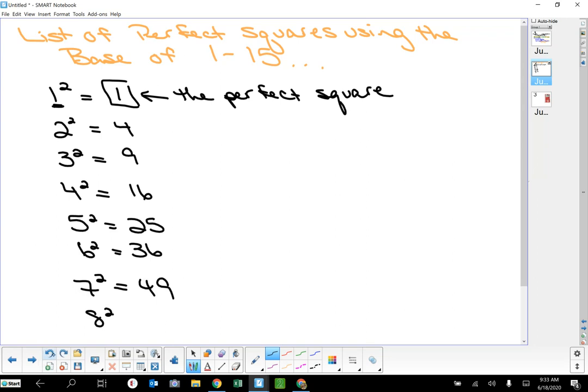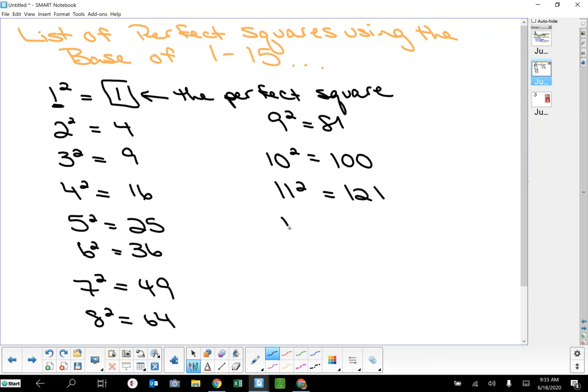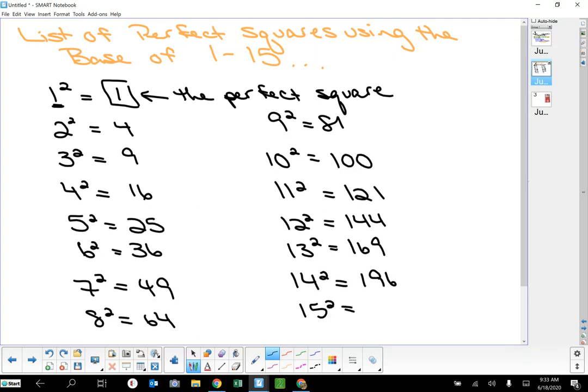I was thinking ahead. 8 squared is 64. 9 squared is 81. 10 squared is 100. 11 squared is 121. 12 squared is 144. 13 squared is 169. 14 squared is 196. And 15 squared is 225.